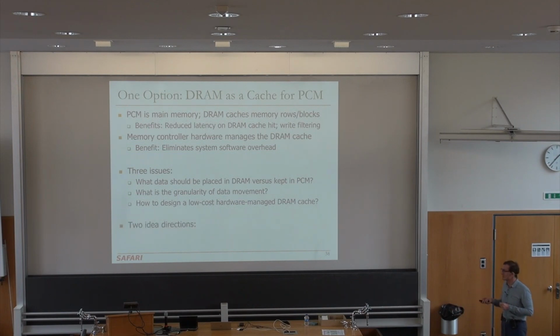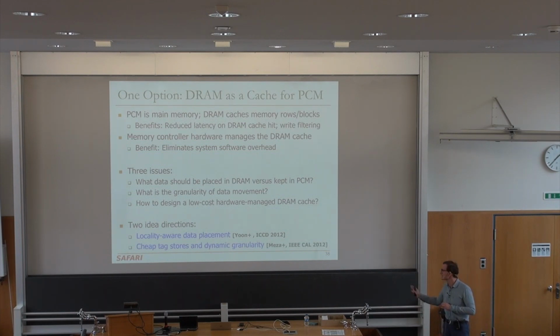And there are 2 idea directions that we're going to talk about. One is locality-aware data placement, and the other is cheap tag stores and dynamic granularity. And I'll give you some other ideas along the way also. But I'm not going to be able to cover everything comprehensively because there's actually a lot of work in this area. Some works, for example, which I will touch upon, propose using the virtual memory management schemes as a way of managing your cache.